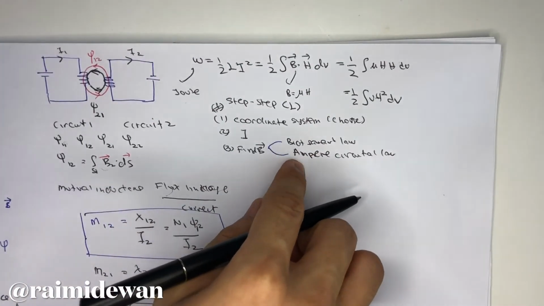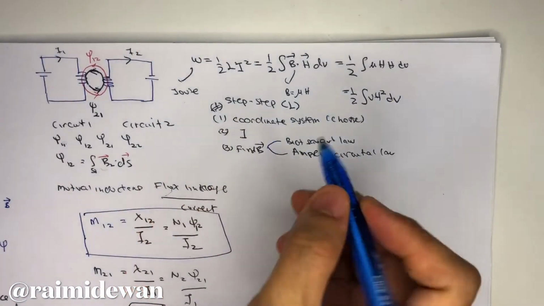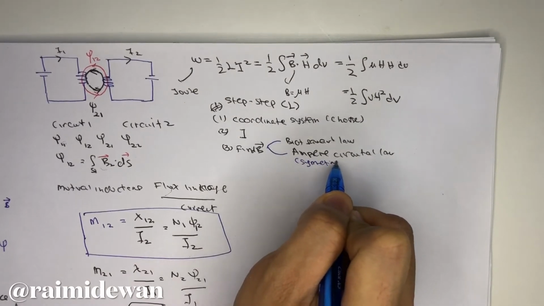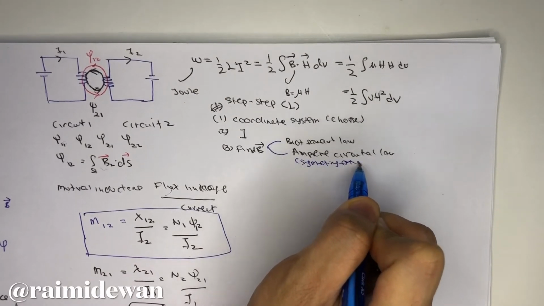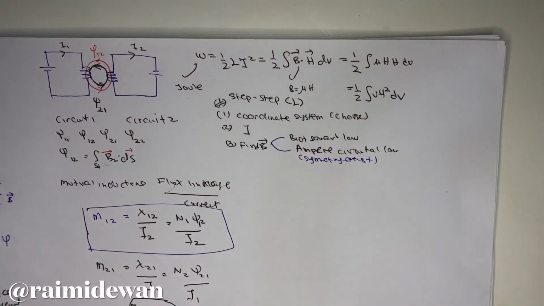However, the condition for this, just like in Gauss law, okay, we must make sure that this one only applies if symmetry exists. Otherwise, you cannot use this, okay? Just the same as electrostatic field, okay?